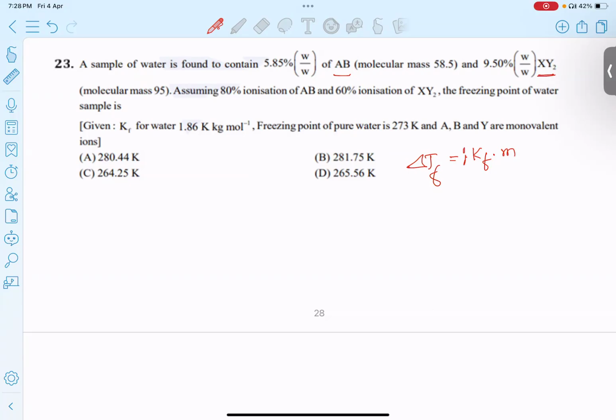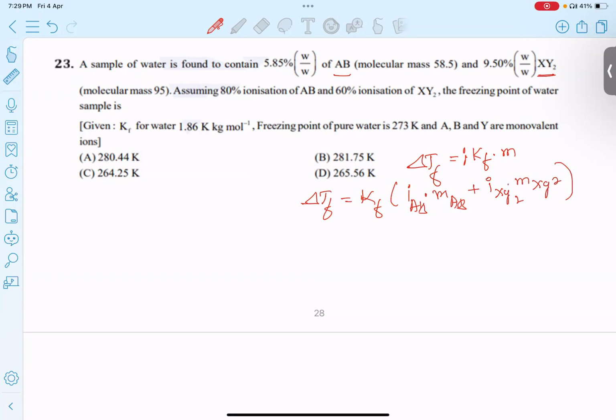To calculate the depression of freezing point, the correct formula for this numerical is delta Tf equal to Kf into van't Hoff factor of solute AB into molality of solute AB, plus van't Hoff factor of solute XY2 into molality of solute XY2.